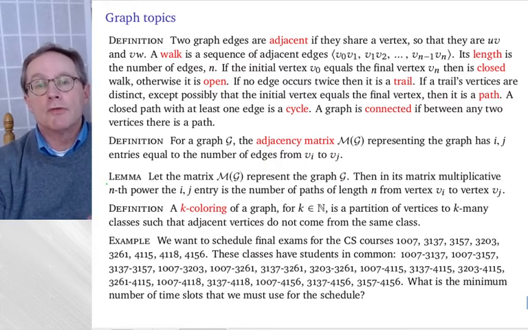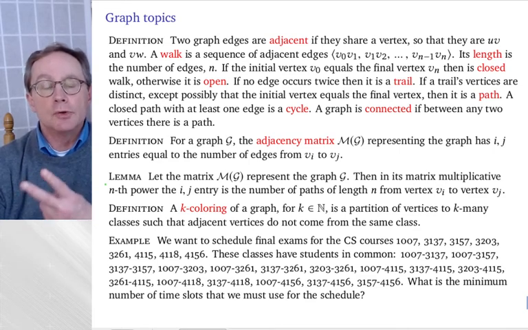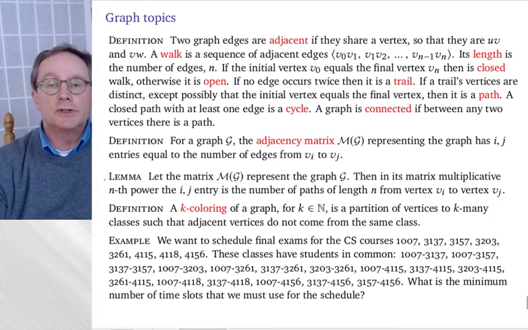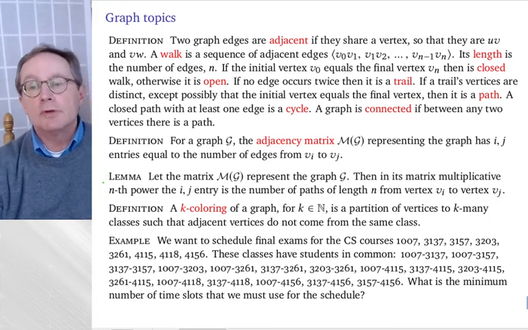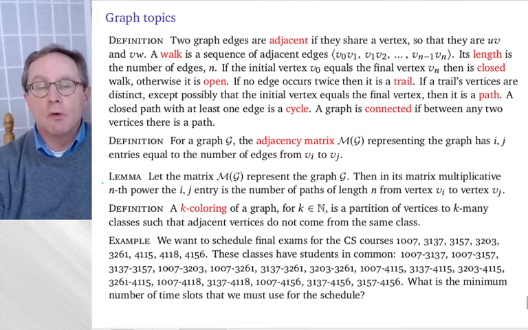So if there are 3 ways to get from V0 to V1 in 2 hops, then you'll have a 3 there. So matrix multiplication does what it should do. Matrix multiplication does the counting for you. If there are 5 ways to get from V0 to V7 in 2 hops, then there will be a 5 there in m squared.